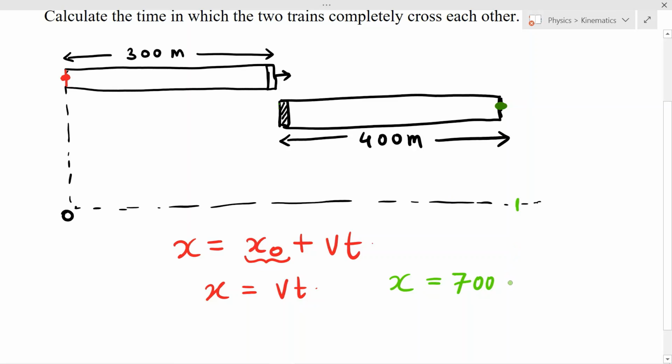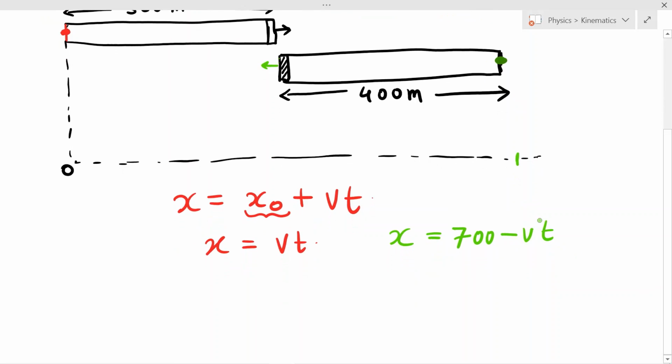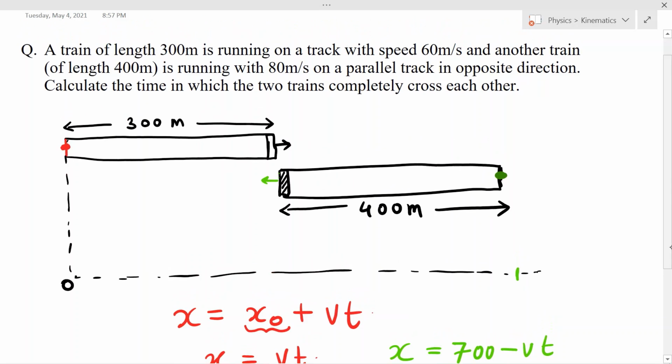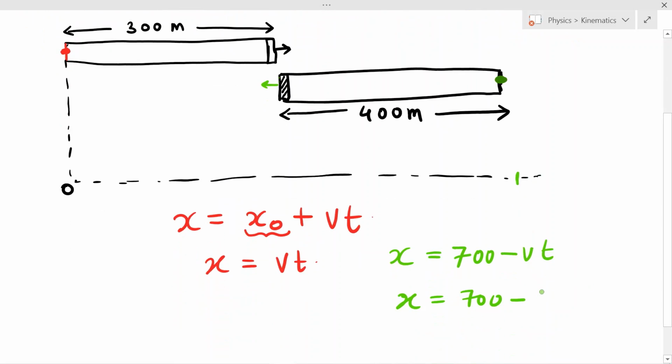Now the velocity is in the opposite direction, so I will write minus vt. Remember, this is a vector, and so this will be minus vt, but I am not writing the vector signs over here. So this becomes x is equal to 700 minus, the opposite train is moving with 80 meter per second. So this is 80 into t.